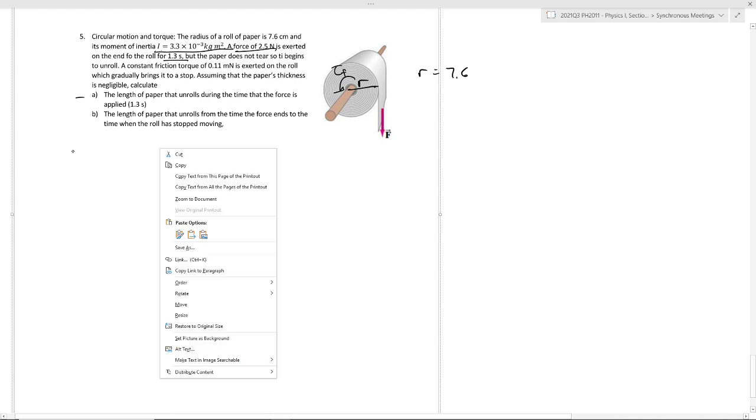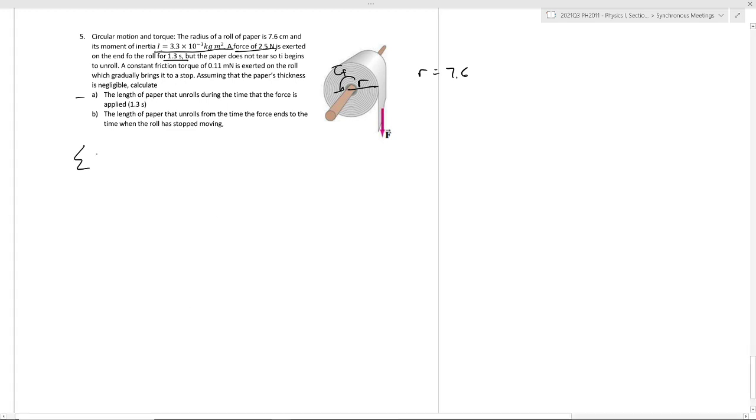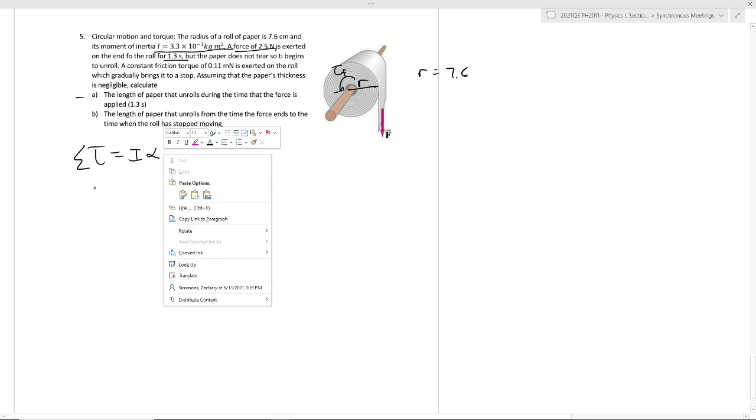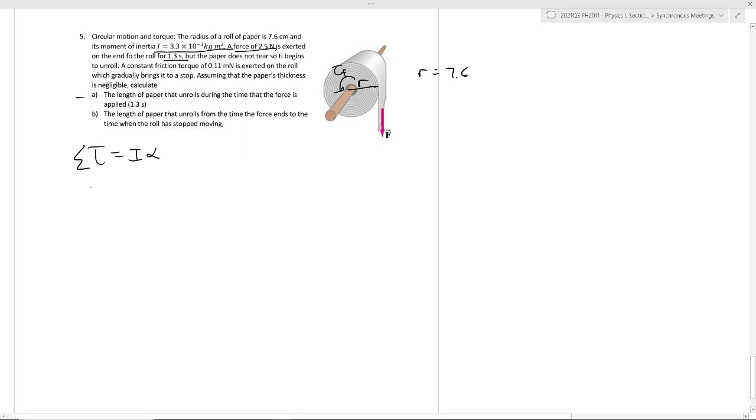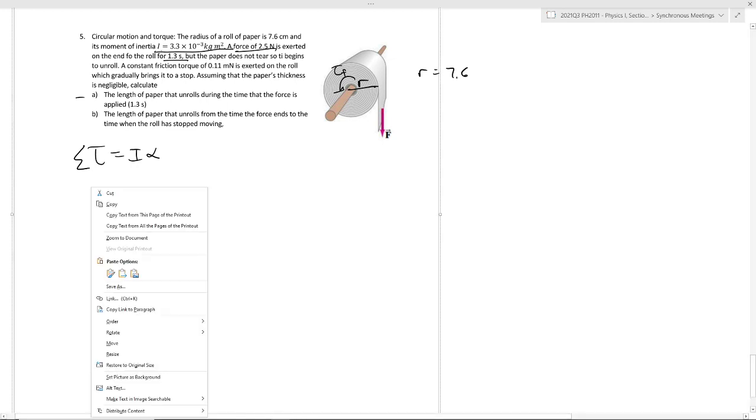All right, so basically, you're going to spin it up, and then it's going to spin down, and we want to figure out how much it unrolls during that whole situation. So the starting point for this is the rotational version of Newton's second law. Sum of the torques is going to equal I alpha. Now, we have 2 contributions to the torque. We have the frictional torque and also the applied force torque.